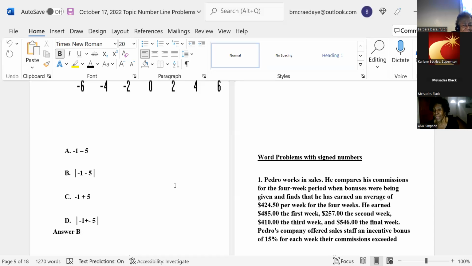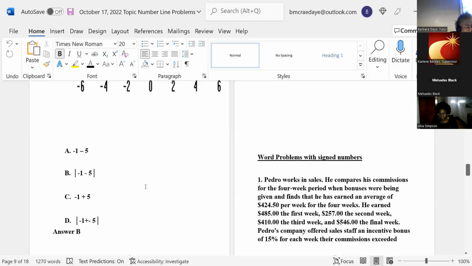You're going to do a negative to get the difference. It gave a plus and then a minus, so it's also absolute. All right, thank you.